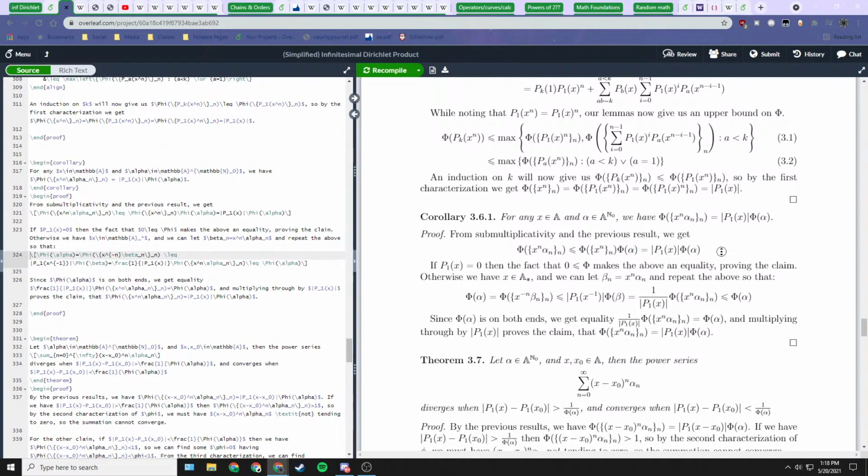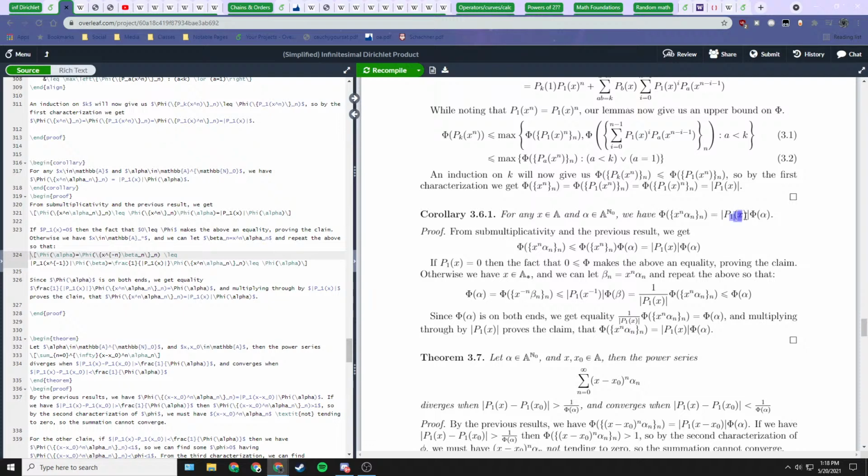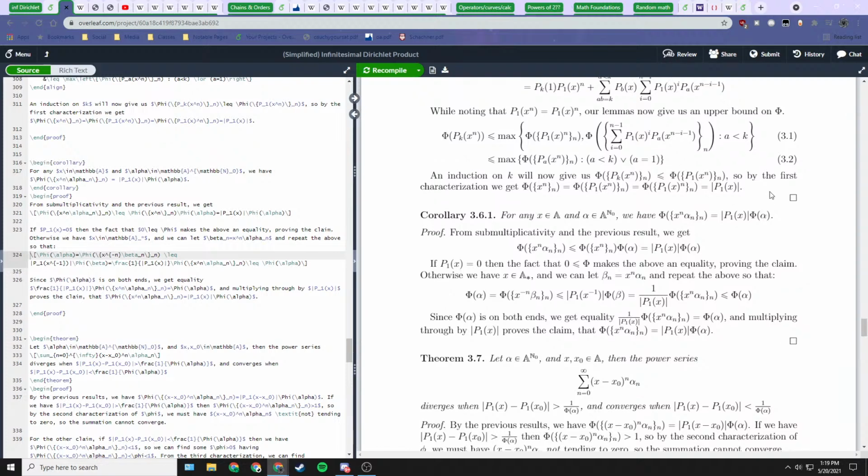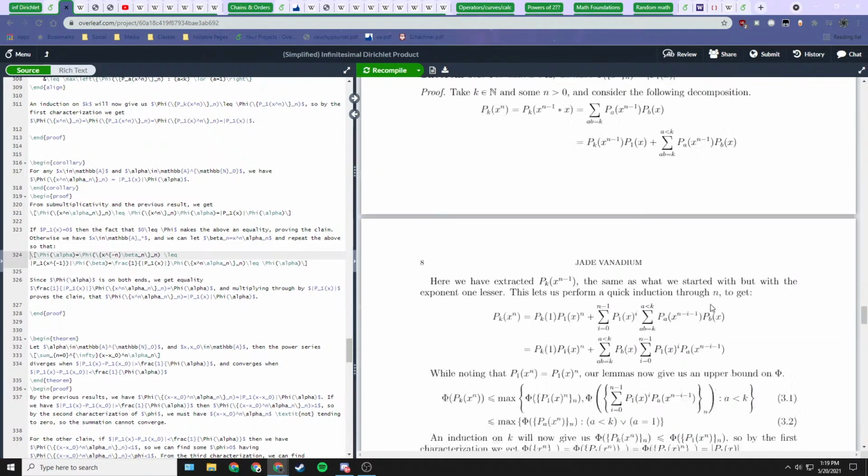I can tell you that in this context, 0 wins. If p1 of x happens to be 0, then this whole thing will end up being 0. But I'll need to include that as a note. So let's fix that right now. Actually, it's not enough for one of them to be 0. Let me also update that.